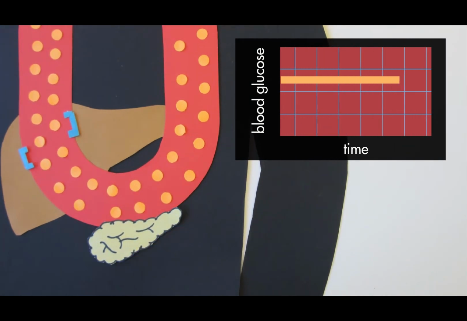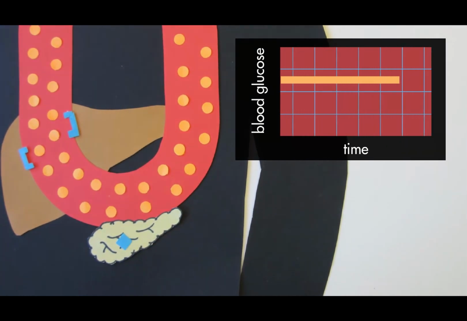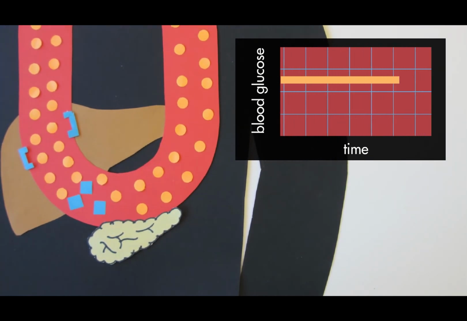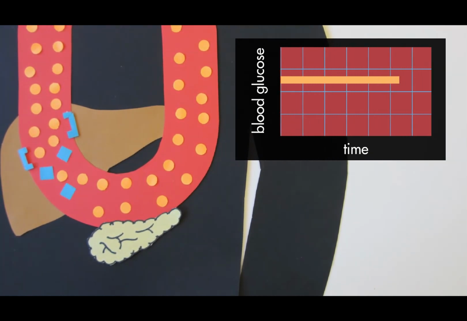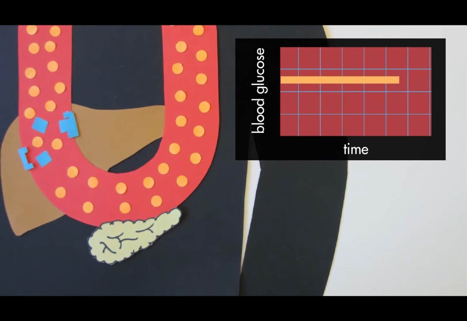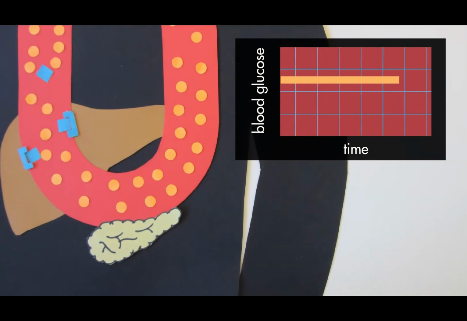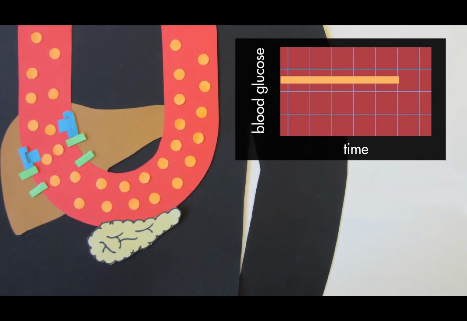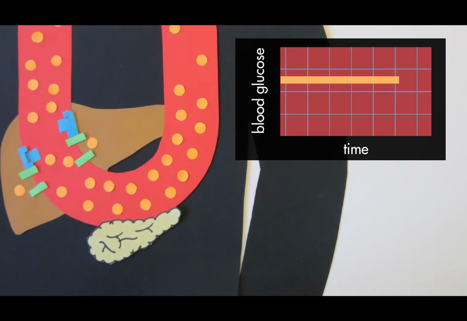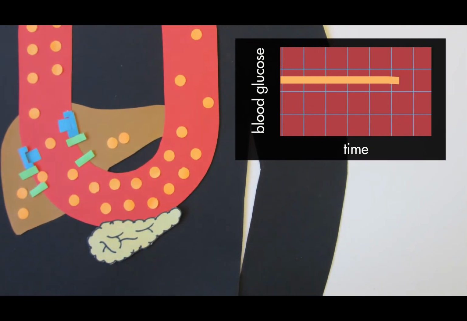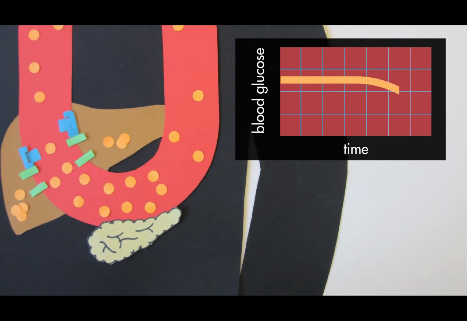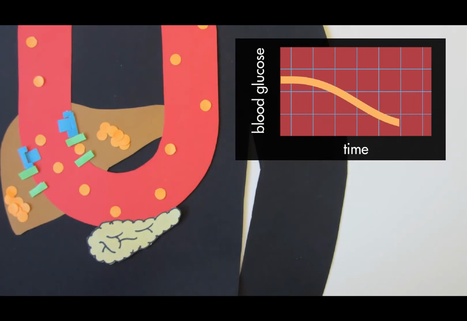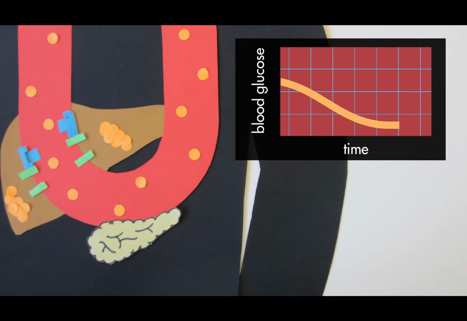The pancreas senses increased blood glucose and releases insulin into the blood. Insulin travels through the blood and binds to receptors in muscles, fat tissue, and as shown here, the liver. Upon binding to receptors, insulin causes an increase in glucose transporters, allowing excess glucose to be taken from the blood and stored in the liver for future use. This uptake of glucose by the liver and other organs for storage restores blood glucose levels to a balanced state.